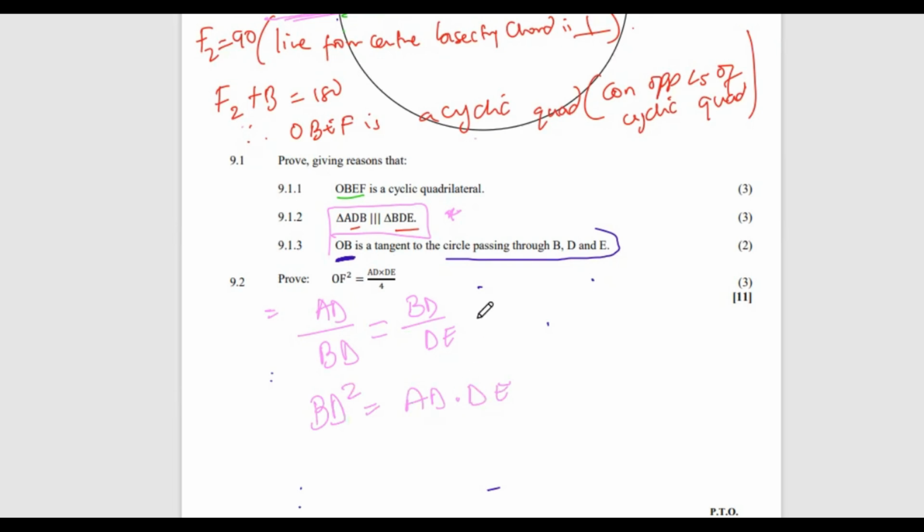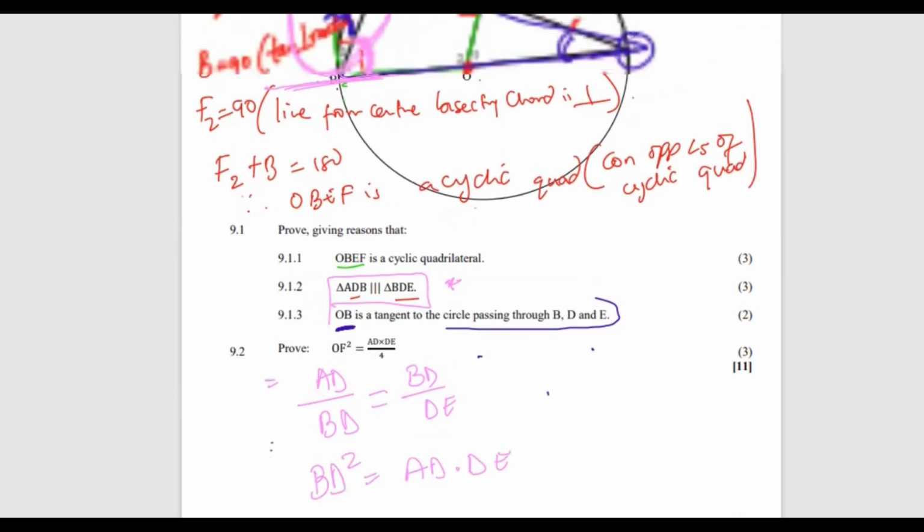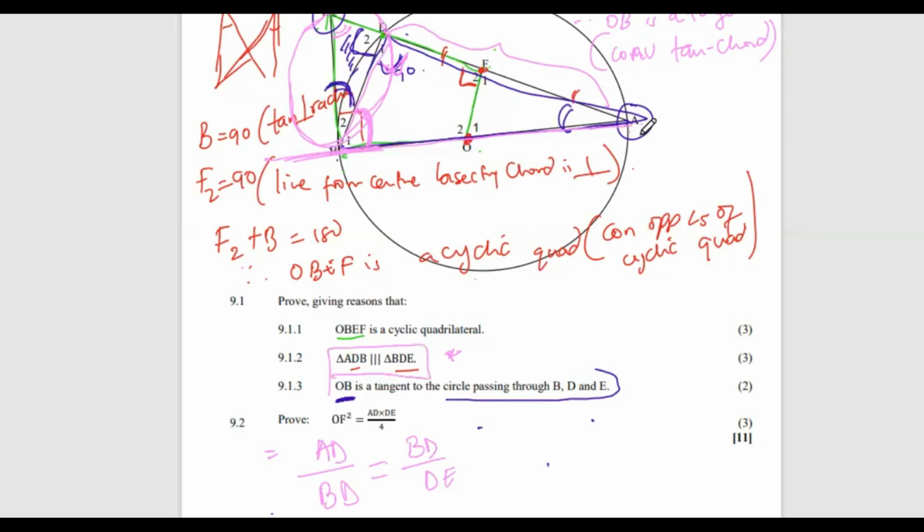Okay. But one thing we know is that our AD is twice the DE. We're saying AD is twice the DE. The reason I'm using DE is because the question does not have AE.